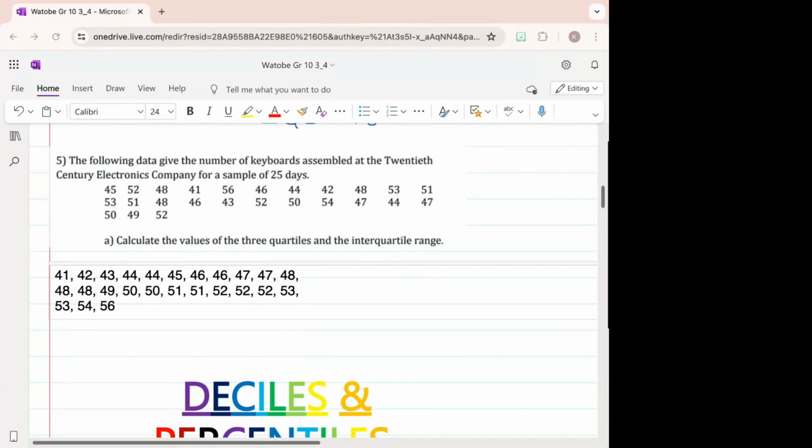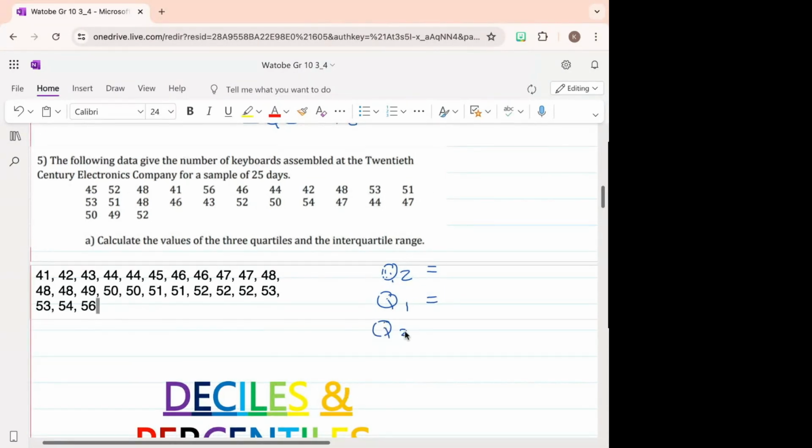Okay, all right. So that's giving you 2 minutes. Let's have a look. Calculate the values of the 3 quartiles and the interquartile range. Like I said to you, the easiest thing to do is to find Q2, then find Q1, then find Q3.